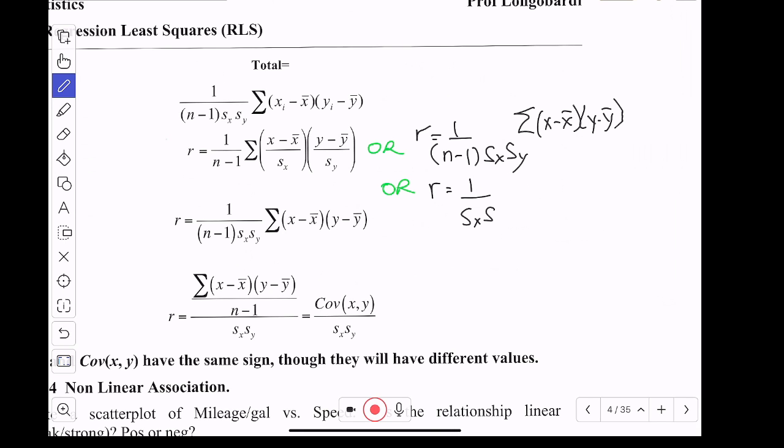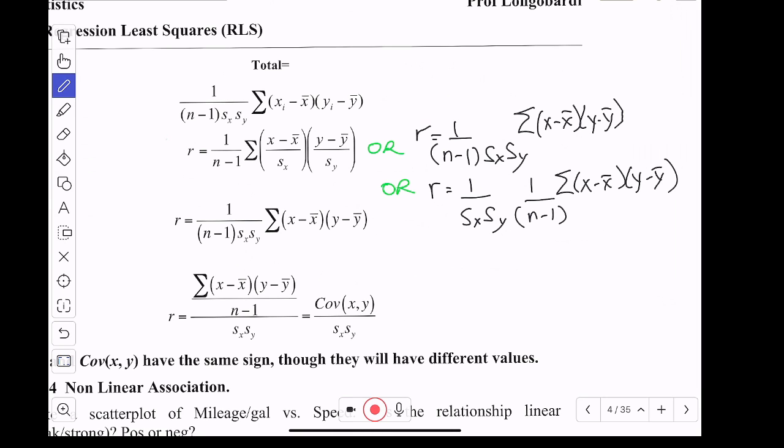Can I just write it like this too? Same thing? Is that the same thing? Same thing.